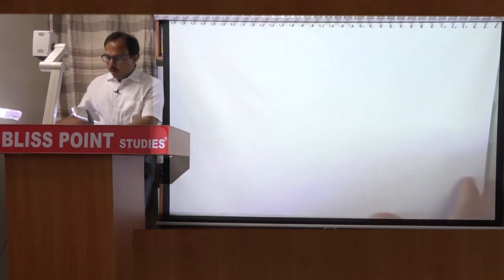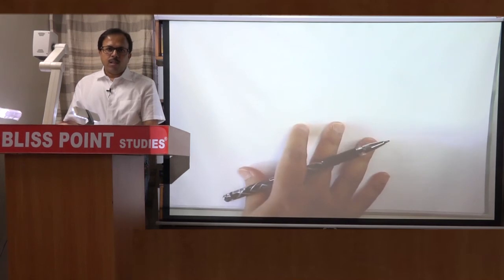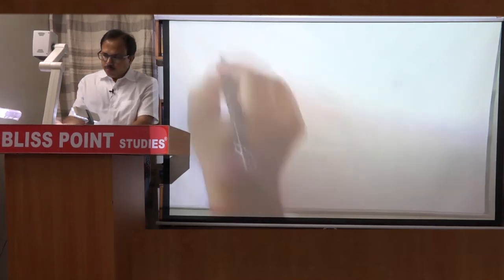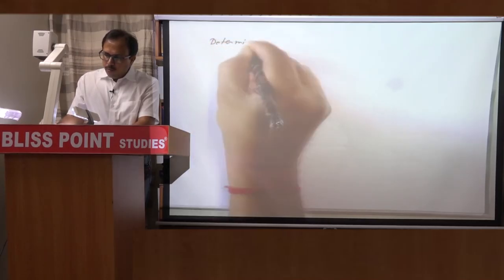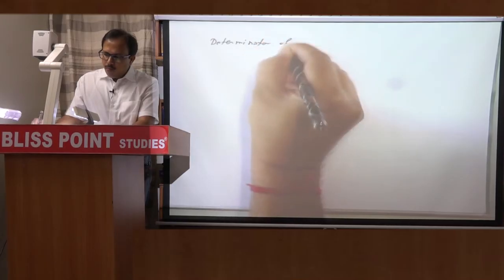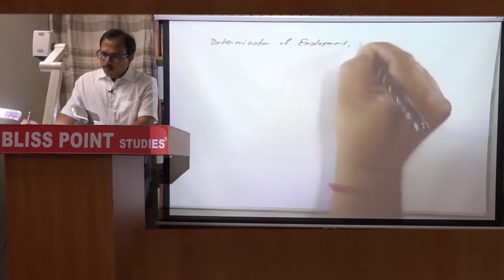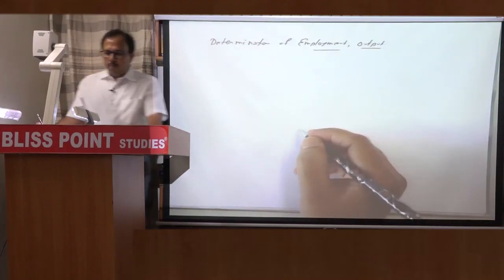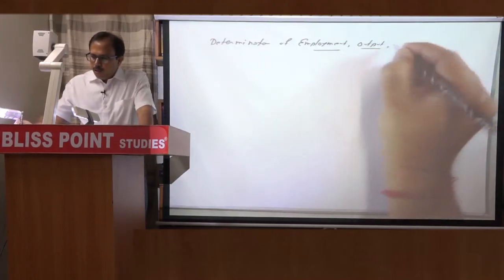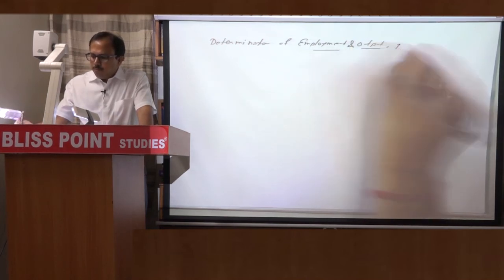Clear? So now what I am writing is the more important part. In most questions, you will be using this set of diagrams in the classical aggregate supply curve derivation. Determination of employment and output, not price exactly.